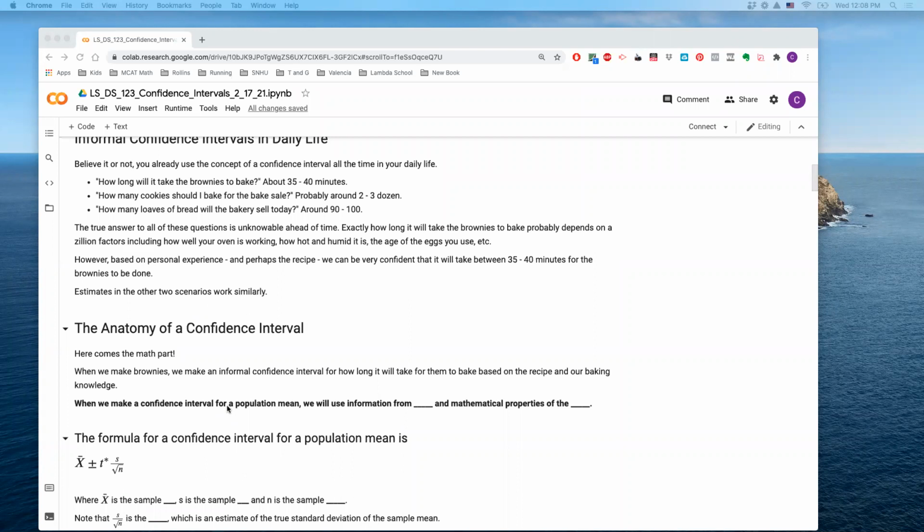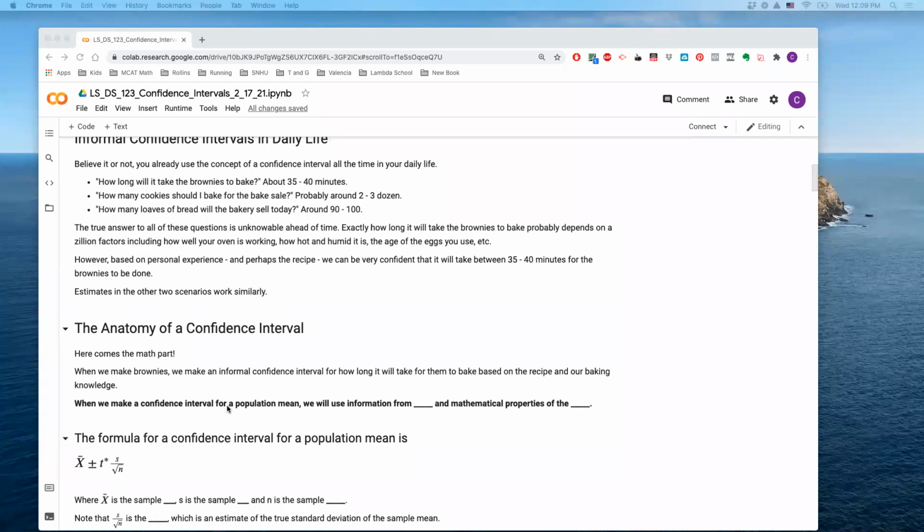But at the end of the day, it's an educated guess, and we're pretty good at making educated guesses with ranges. Again, it's a pretty natural thing. So for example, somebody asks me, how long will it take the batch of brownies to bake? Well, I'm probably not going to say, oh, I think it's going to be 34.576 minutes. I'm going to say, it's going to be like 35, 40 minutes.